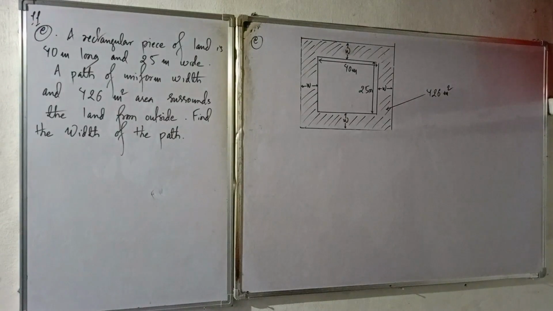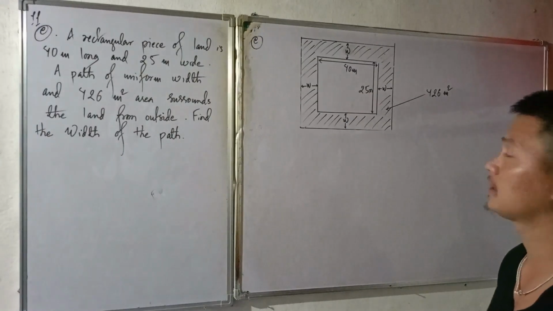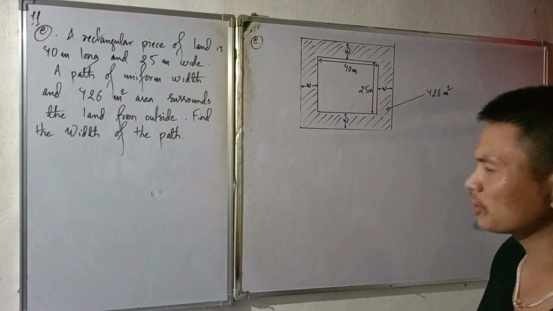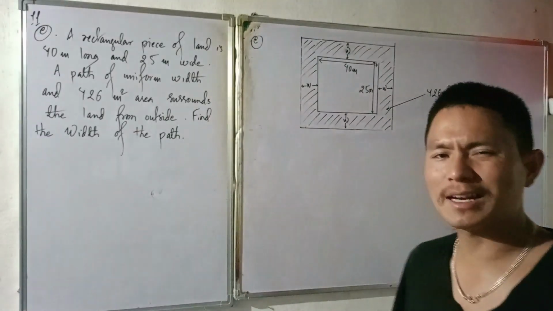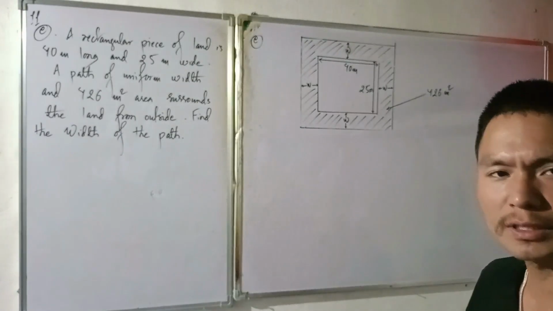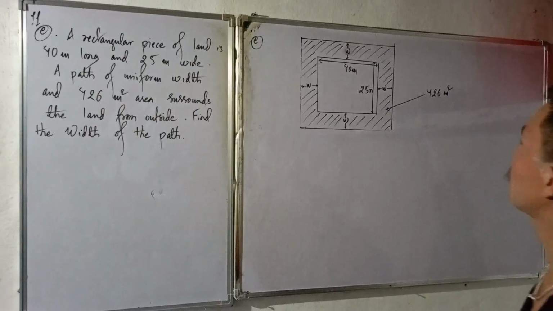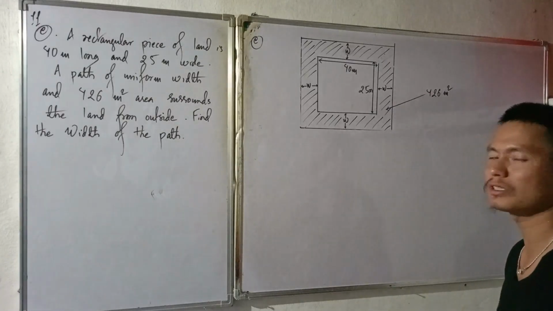So with this information, in the past, in grade 8 and even in grade 9, we had a separate formula for this type of questions. You can apply that formula also, but in this case I'm not going to use it because that is very tedious to remember. You will forget it eventually in a very short period of time. So I'm going to be a little bit logical here.